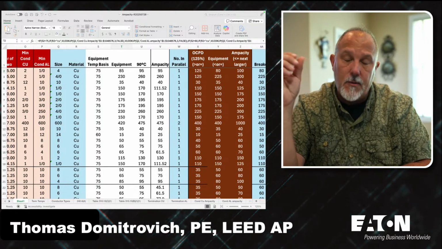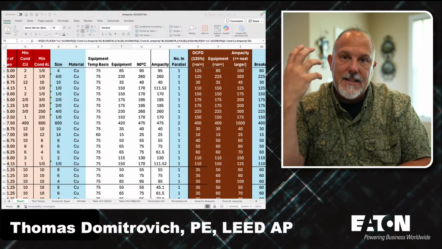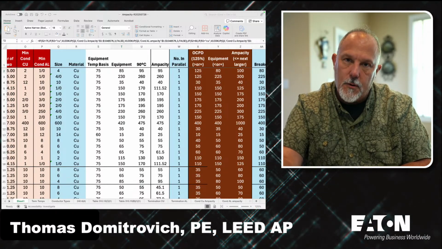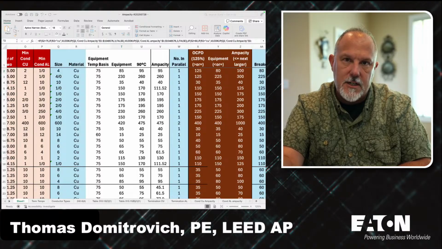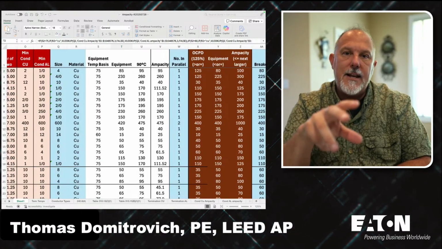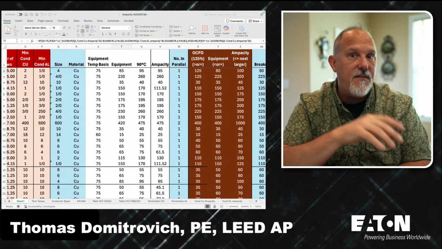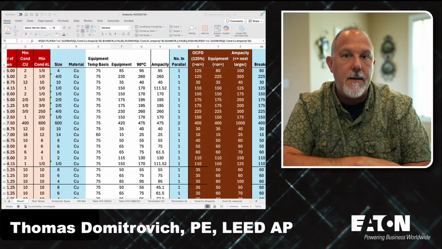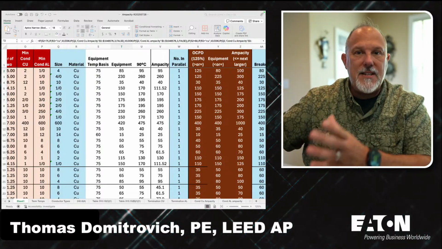Hey, I got it through. And then I take that circuit breaker that passed the UL 489 standard for all of its conditions, including thermal, put that into a tight enclosure, and now all of a sudden it fails thermal. Why would that be? Well, because in 489 we tested in open air.